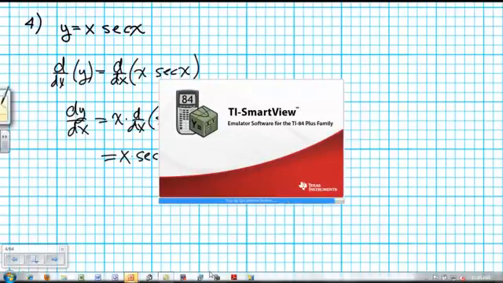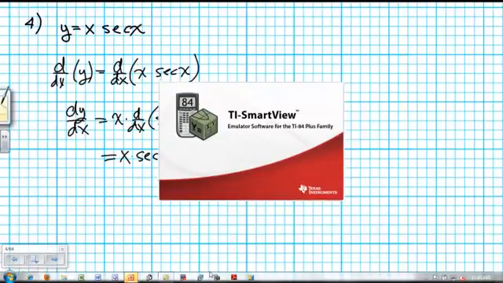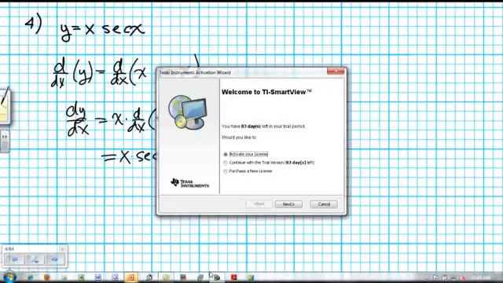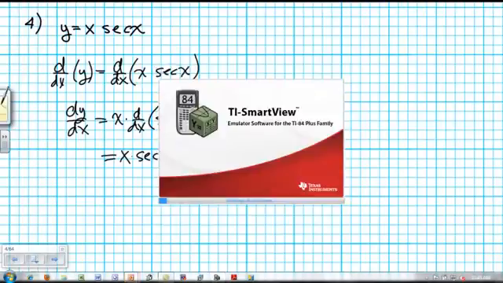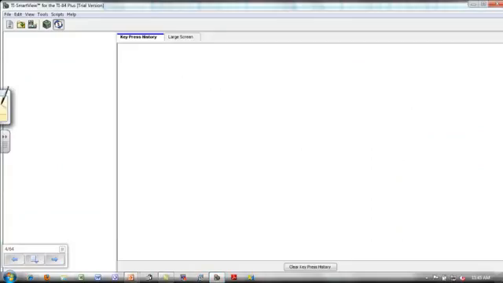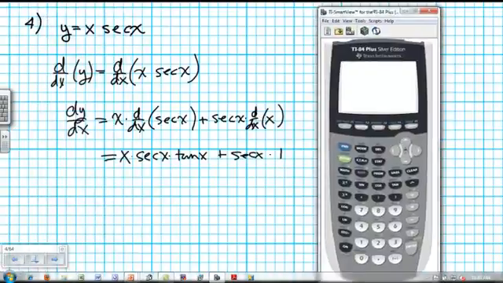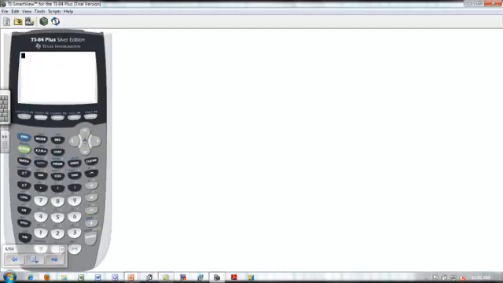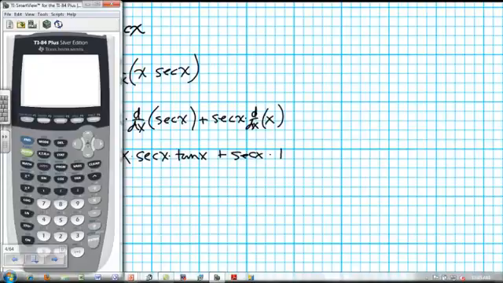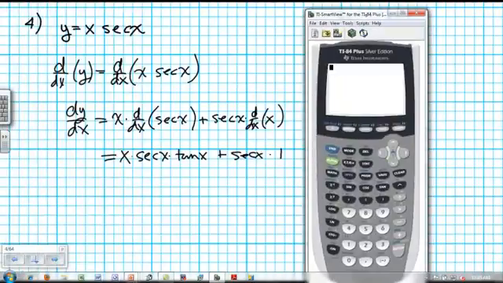Let's get the calculator started. Let's get out of large screen mode. Let's bring our calculator over to the side here. Oops. Try that one more time. Be more careful. There we go.